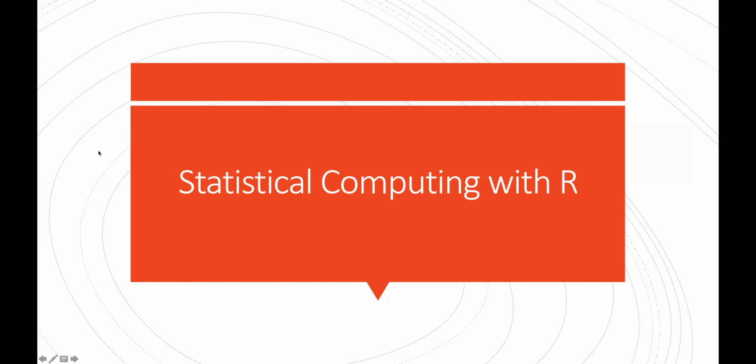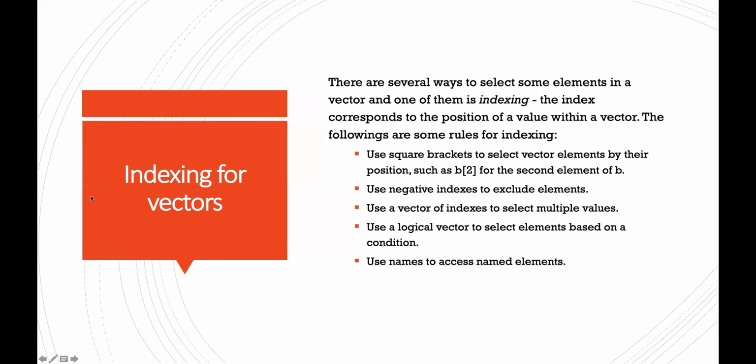So for today, we will mainly talk about indexing for vectors in R, and then I will move to matrix. Please keep in mind that there are several ways that we can do indexing in R, or just choose some set of elements in R. One of them is indexing for your vectors, and later we will index for matrices.